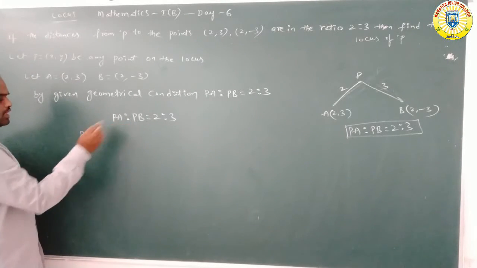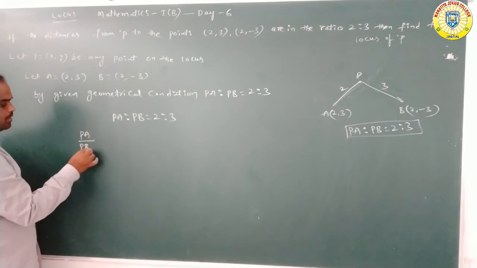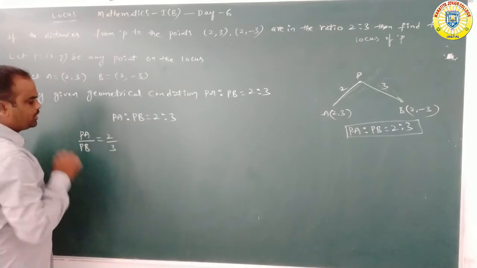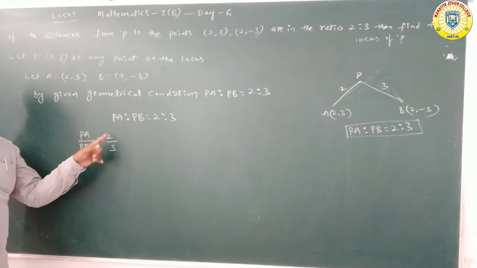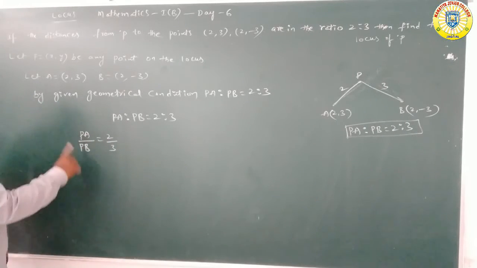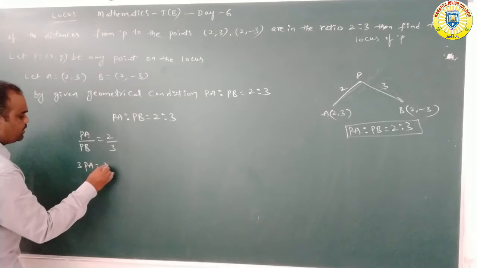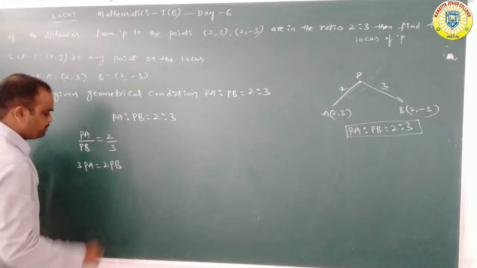If we eliminate the ratio, we write PA / PB = 2/3. Now we do the cross multiplication, that is 3PA = 2PB.